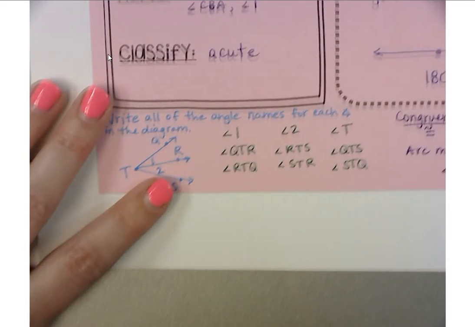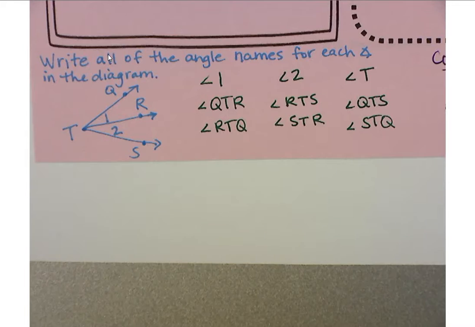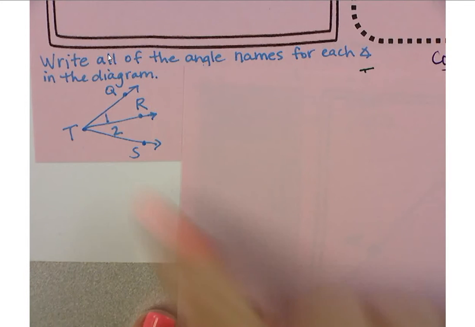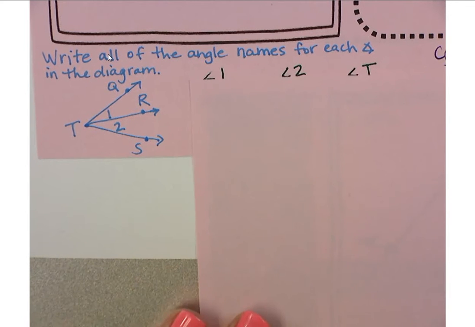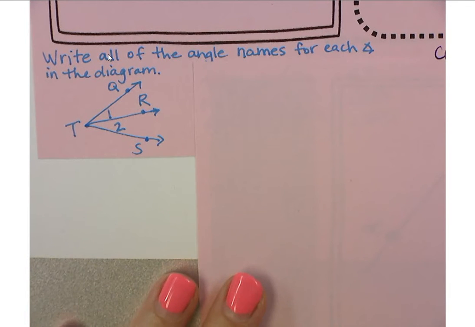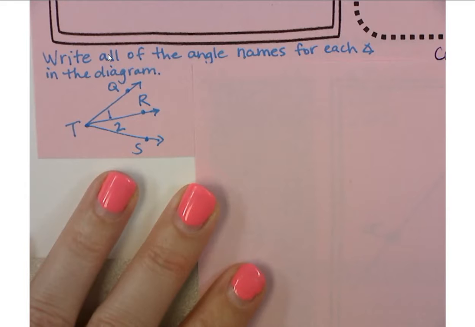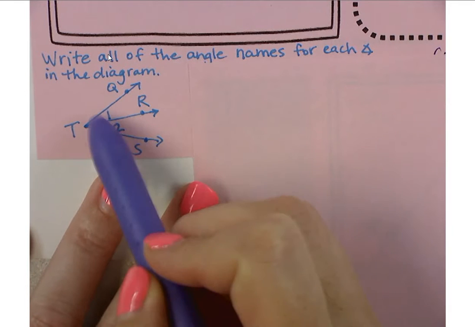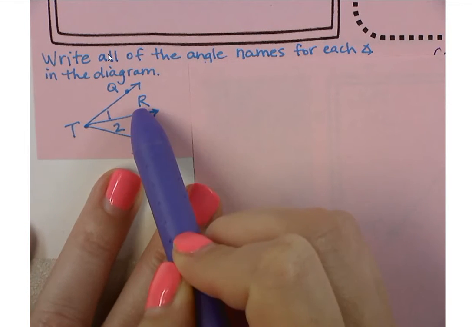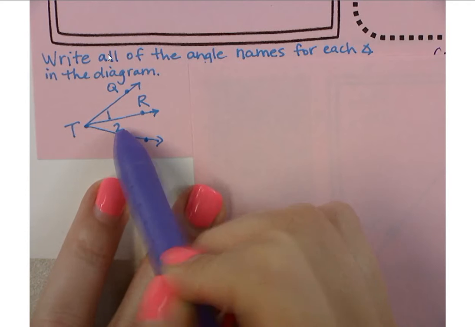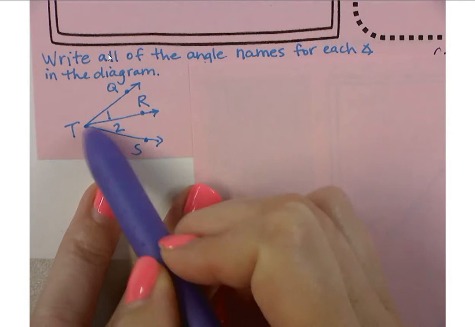The next thing that we did is we wrote down all of the angle names for each angle in this diagram. So you should be thinking about how many angles are in this diagram. At first glance, it looks like there just might be 2. This one here and this one labeled 2, but there is a third angle, that bigger angle.